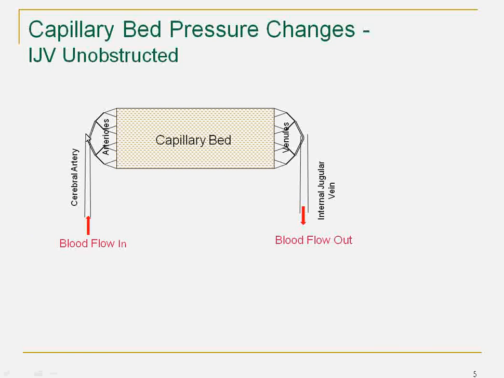Then the blood flows into a series, a web of ever finer vessels, until finally into the capillary bed. The capillary bed consists of thousands of tiny, tiny vessels. These vessels are perhaps 1/5 of a human hair in diameter, and the blood to flow through them literally has to flow cell by cell.